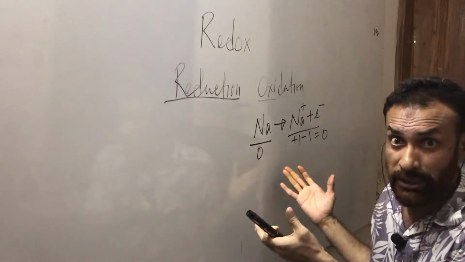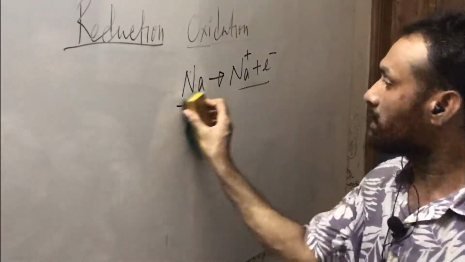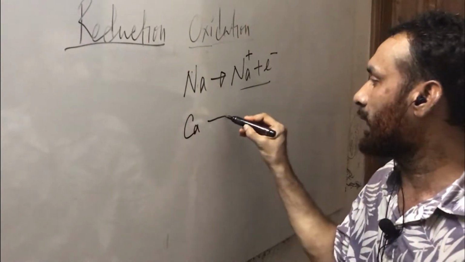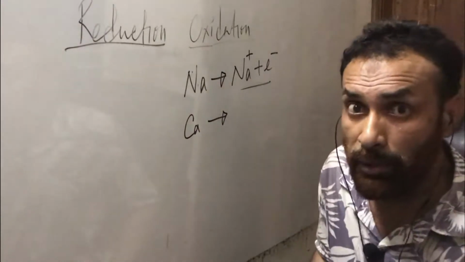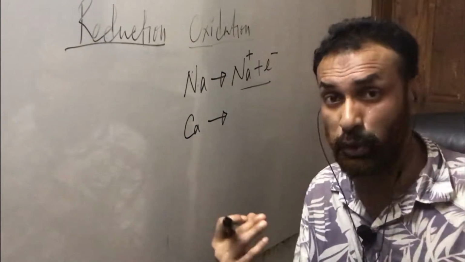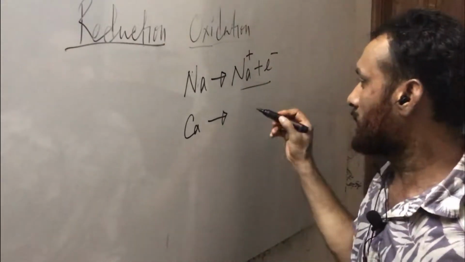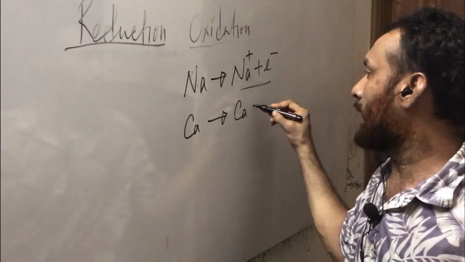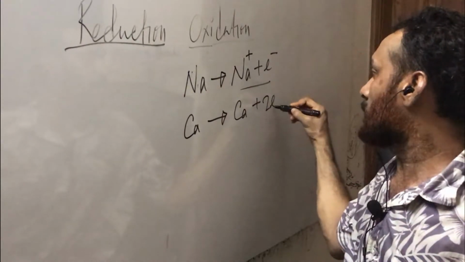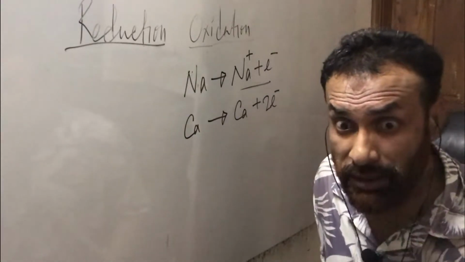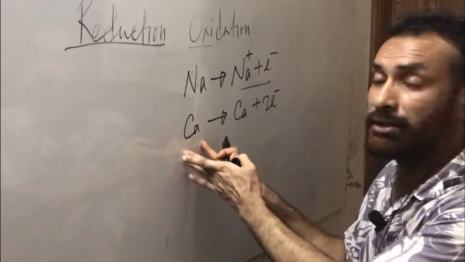You will always get this when you write another equation, which would be calcium. Look carefully, calcium. When calcium loses electrons, as calcium has 2 electrons in the outermost shell, it would lose 2 electrons. You write 2 electrons on the right side. And what is the change with the calcium?